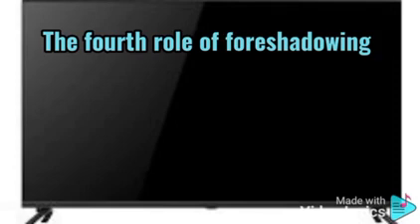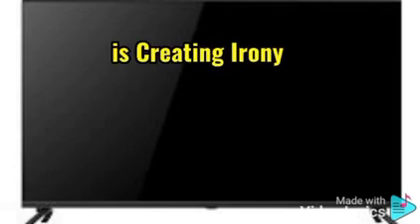The fourth role of foreshadowing in building suspense is creating irony. Foreshadowing can also contribute to dramatic irony, where the audience knows something the characters don't.